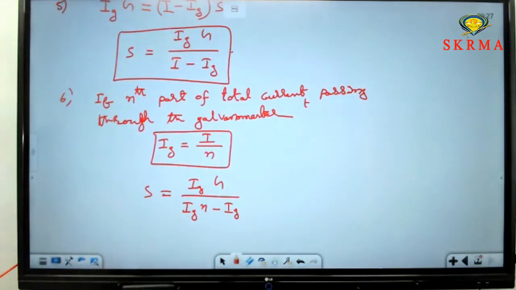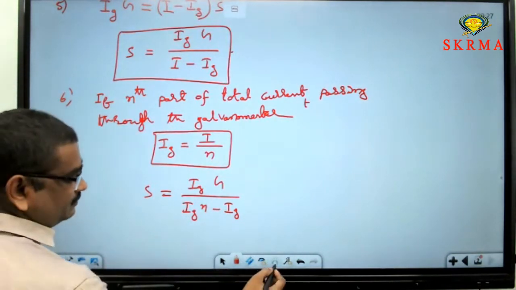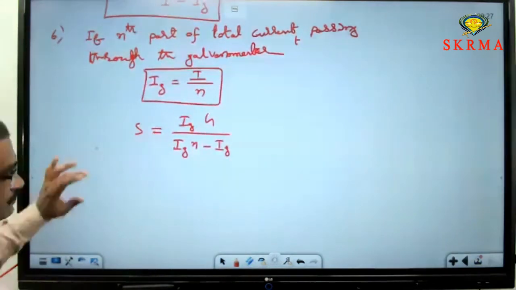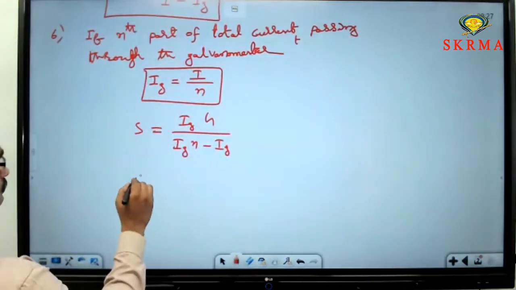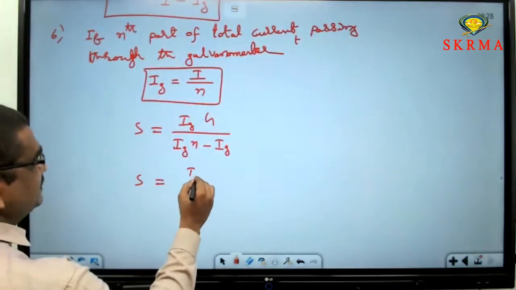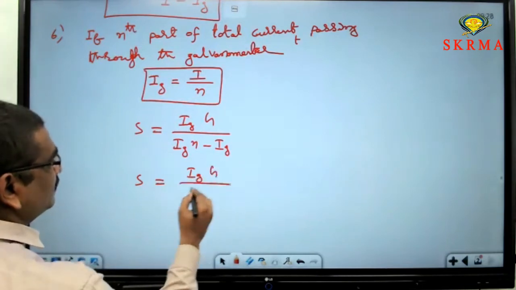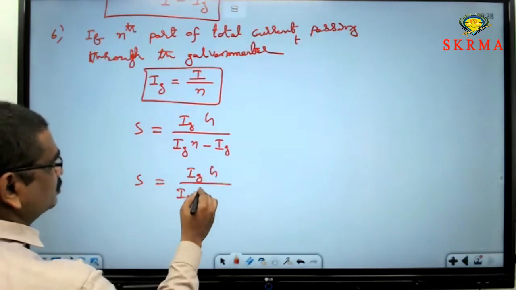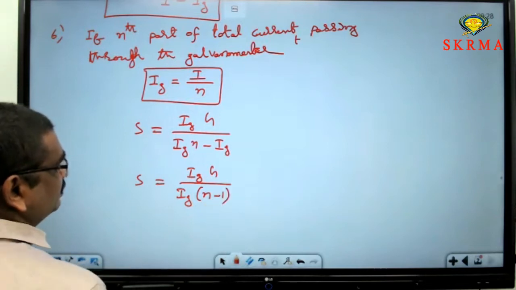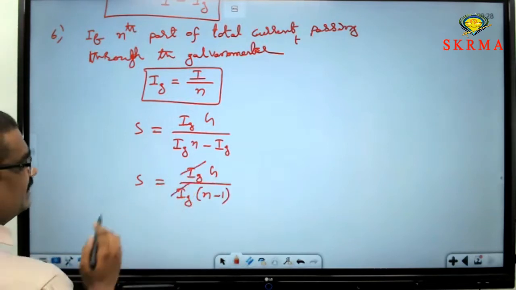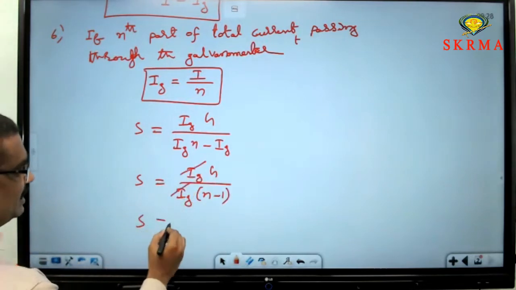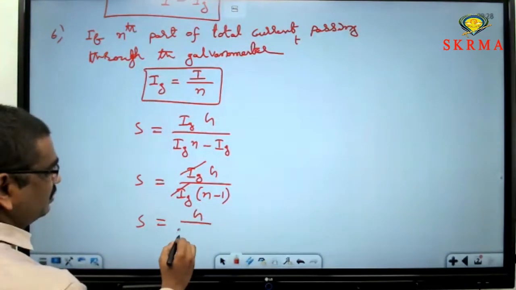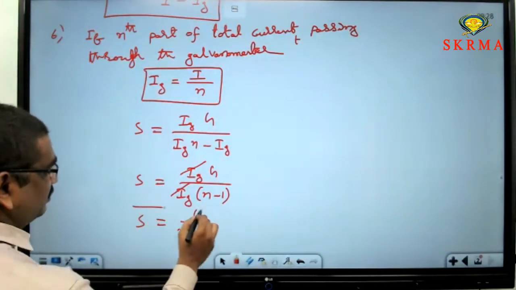Take Ig as common from the denominator. Then Ig into G by Ig into N minus 1. Ig gets cancelled out. Then you will get G by N minus 1.